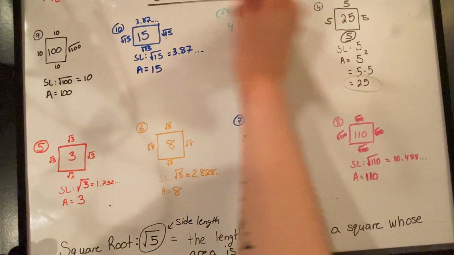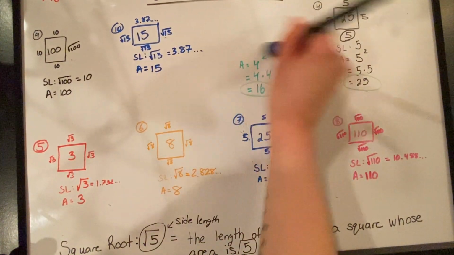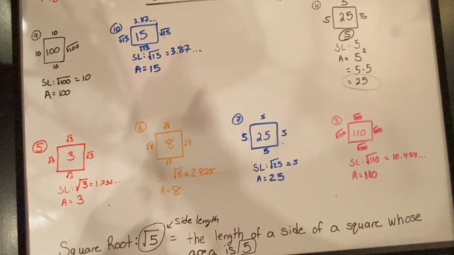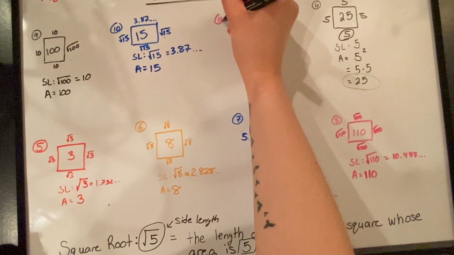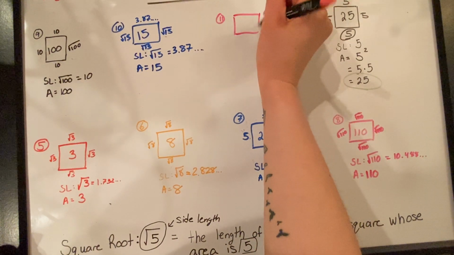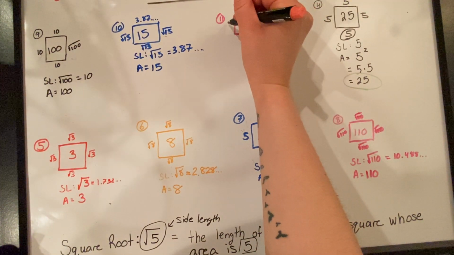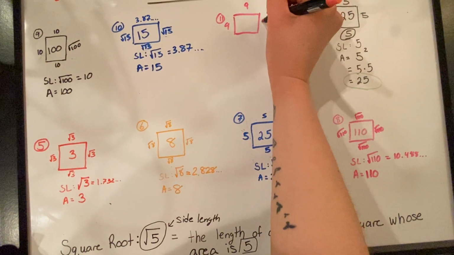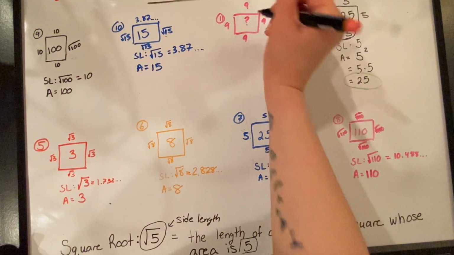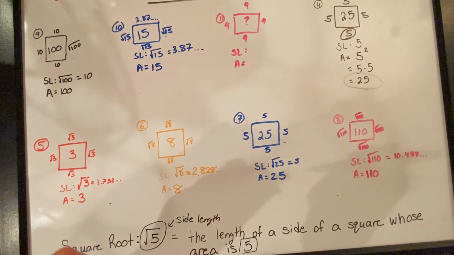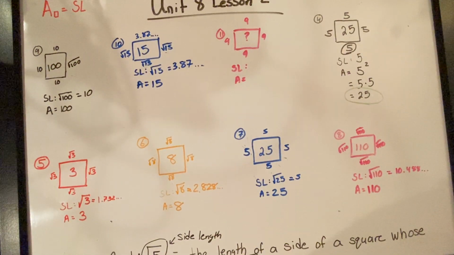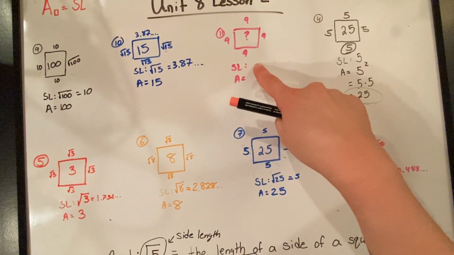Actually, I do want to do one more over here. All right, this will be number 11. Okay, so we have to determine, what did this problem give us? So this one that I just created, did it give us the side length?